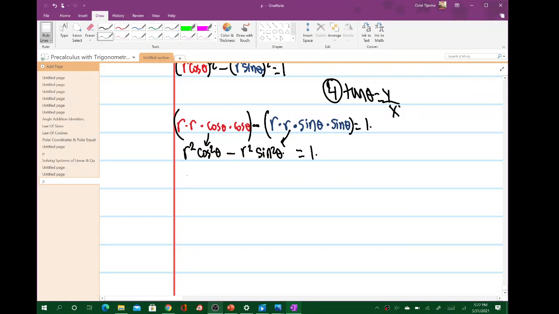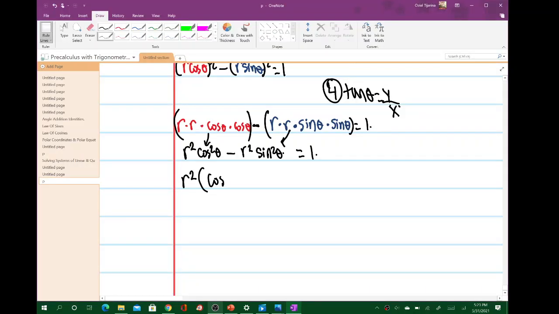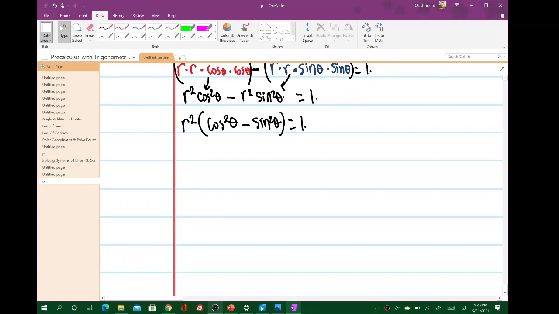So basically you're going to have r squared times the cosine squared theta minus sine squared theta, right? This is equal to 1. And we know that this is equal to cosine of 2 theta, right?